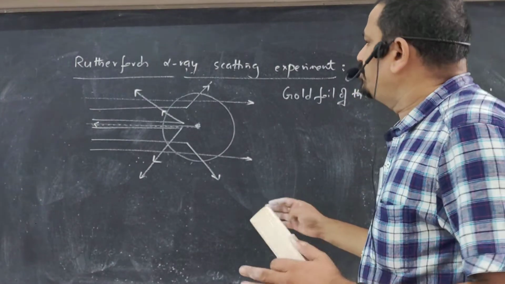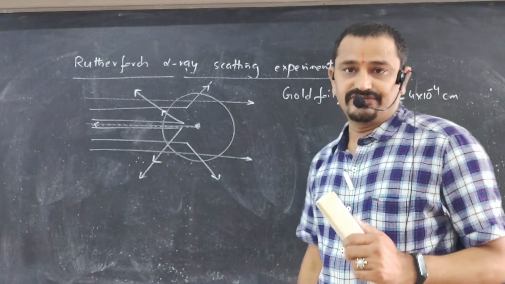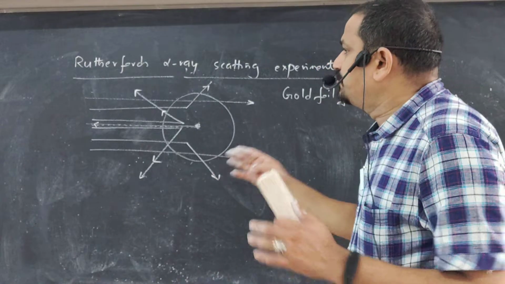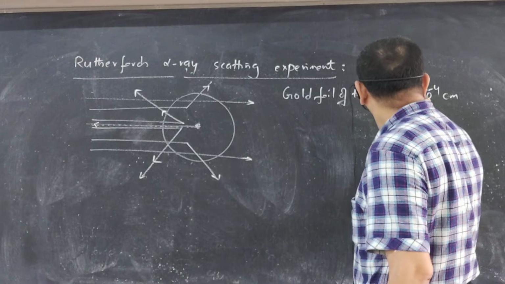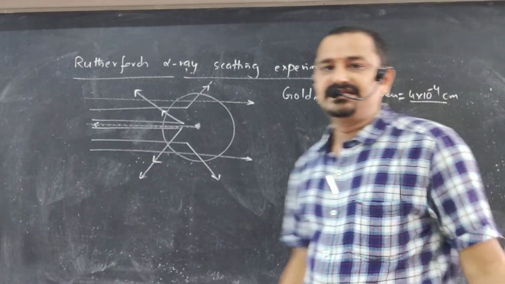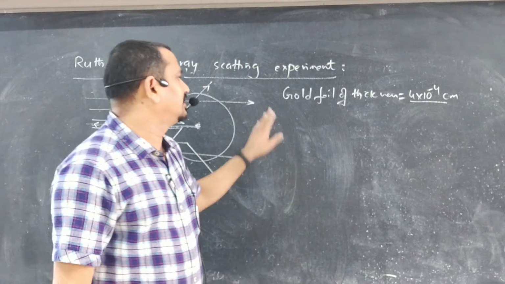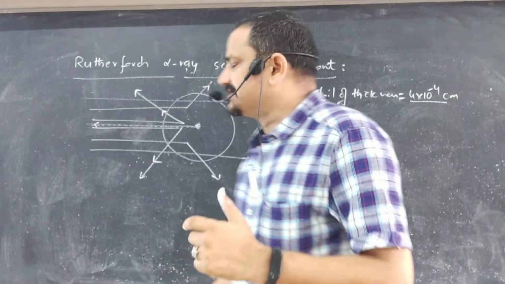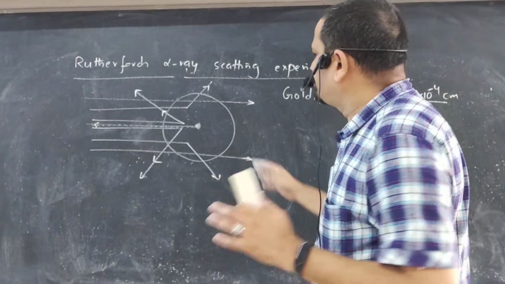Rutherford allowed a narrow beam of alpha particles to fall on a very thin gold foil of thickness 4 × 10^-4 centimeter. Some observations were also given by Rutherford with this.